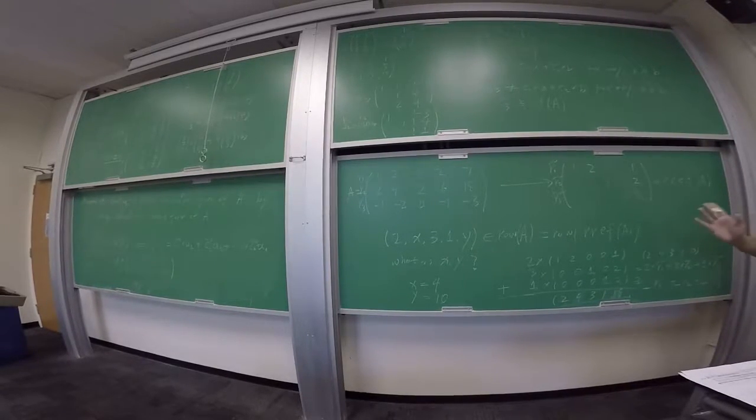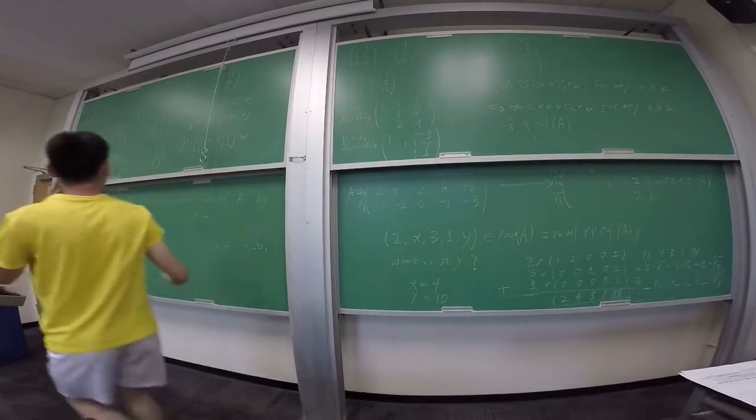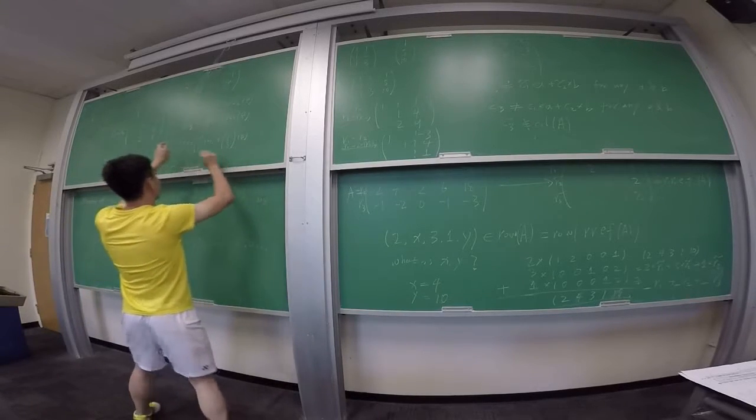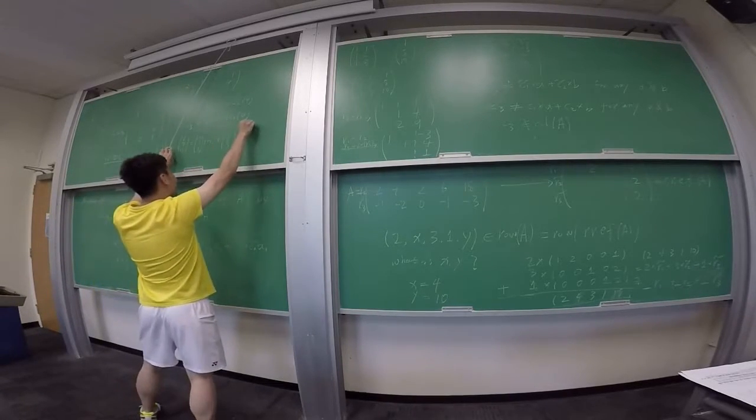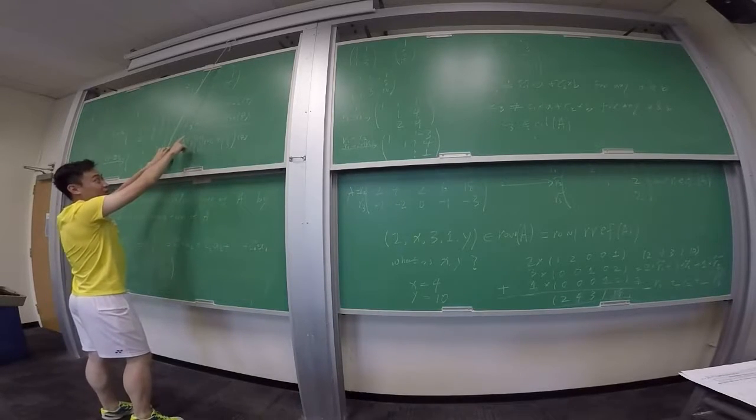When you use the reduced row echelon form to study column space, or use reduced column echelon form to study the row space, the advantage is that the coefficient here is actually pretty clear.